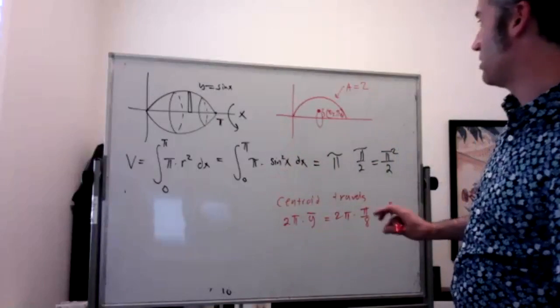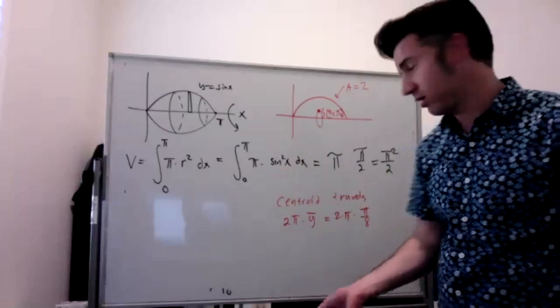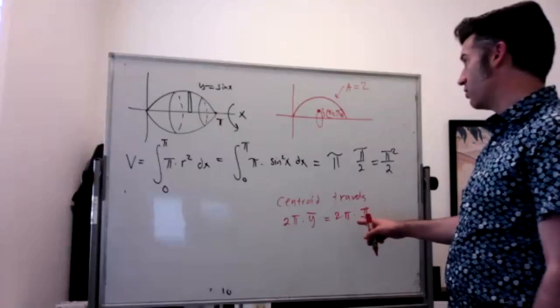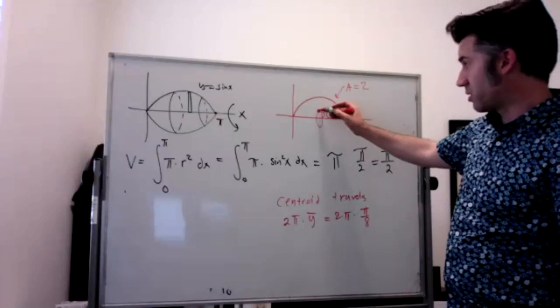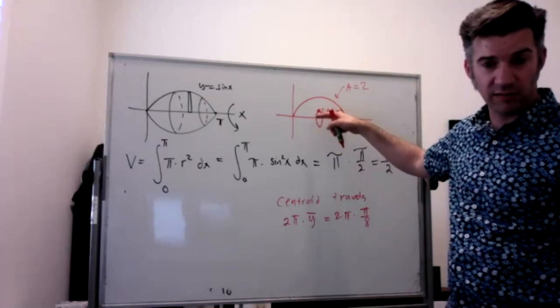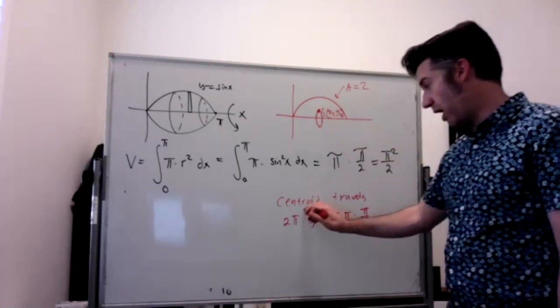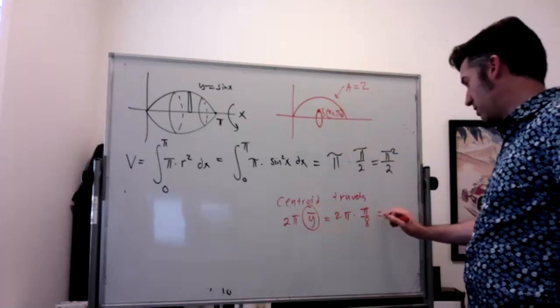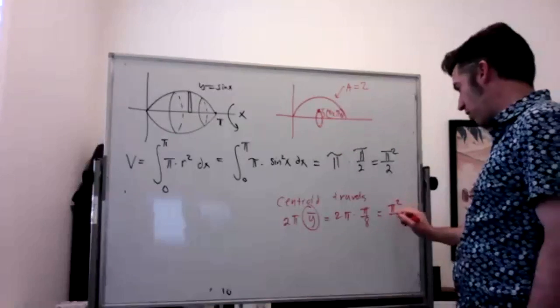Okay, but now here's what I was trying to say before I got stuck. The centroid travels the circumference of this circle, which is 2 pi times how far it is from the axis of rotation, which is what y bar is in this case. So that's going to be pi squared over 4.